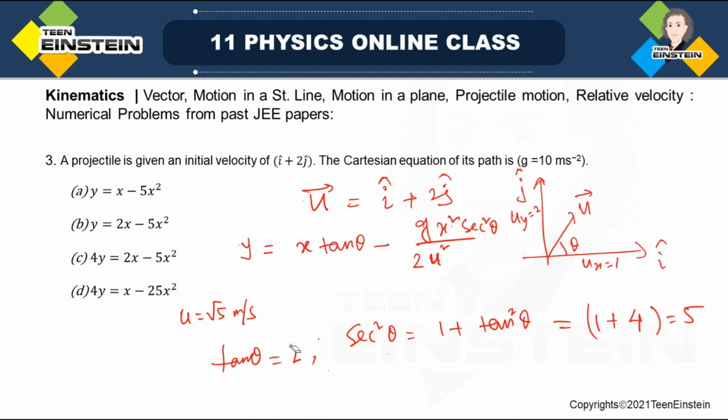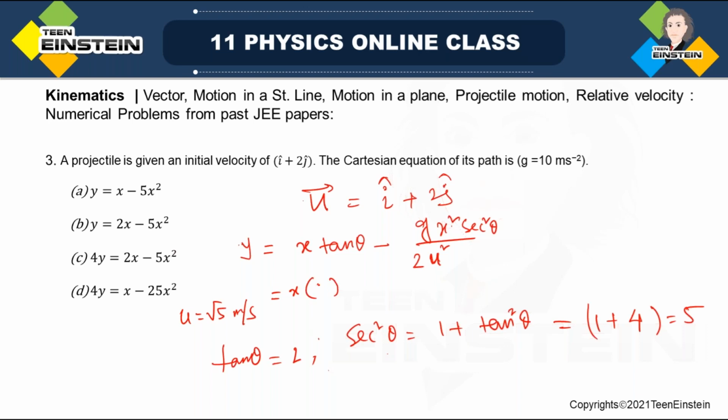Now let us put all the values. So sec square theta we have got, tan square theta we have got. Let me just erase this part. Okay, and then I'll put the values over here itself. Look, now if we put the values, y is equal to, see, x is a variable, no need to change it.